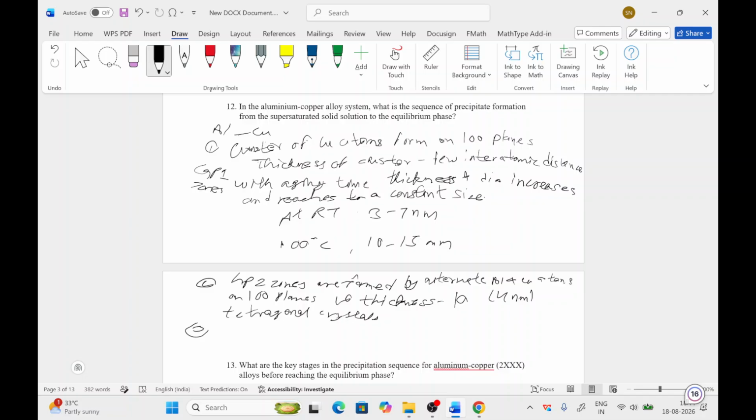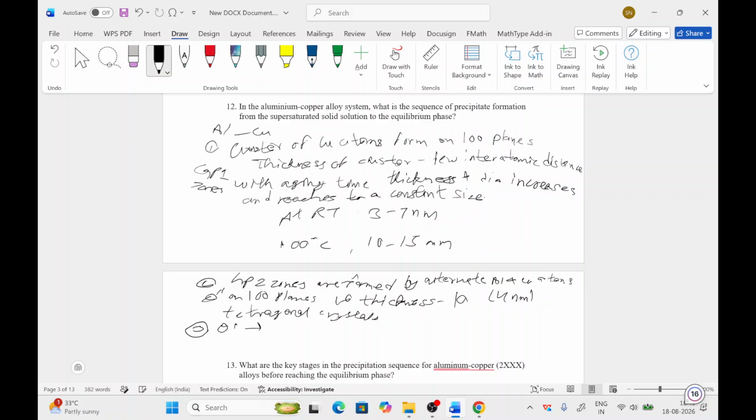In the third step, where GP2 zones further grow, up to this point GP2 zones are coherent, and after that, theta. GP2 zones are also written as theta double prime, and after theta double prime, theta prime forms.